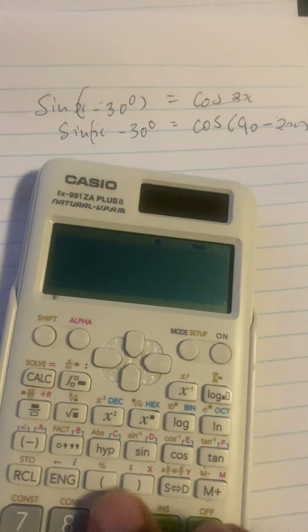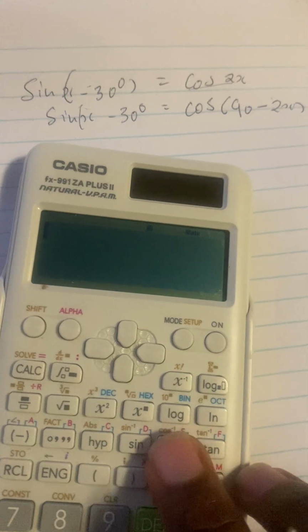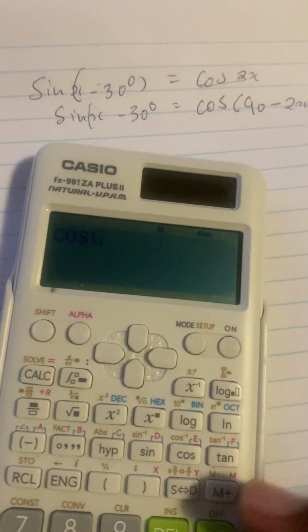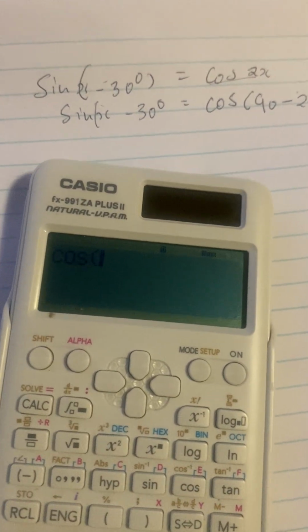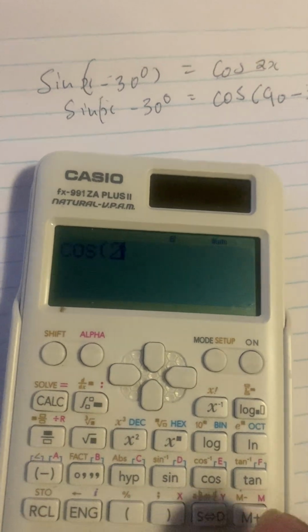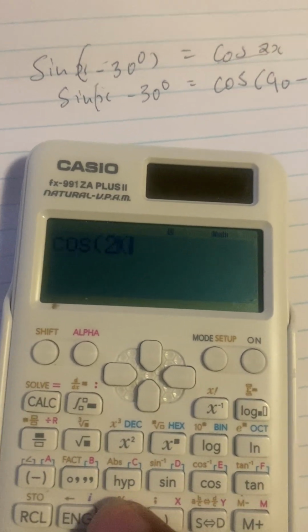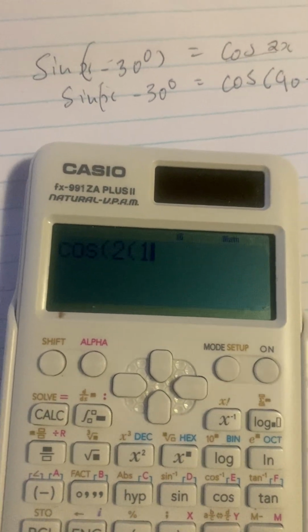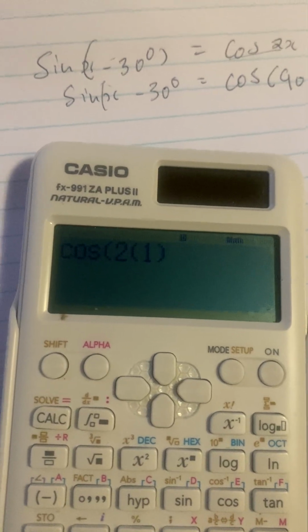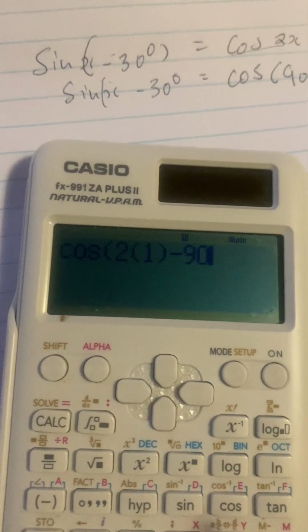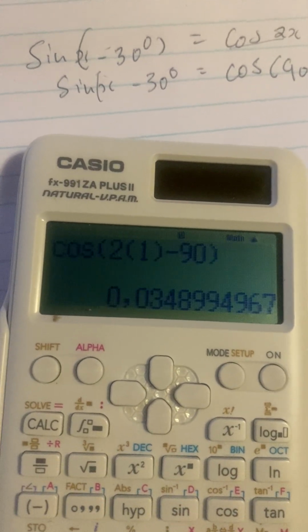Let's first check on the calculator. Yeah, I mean it's correct.